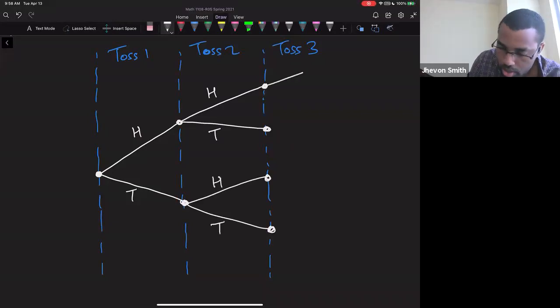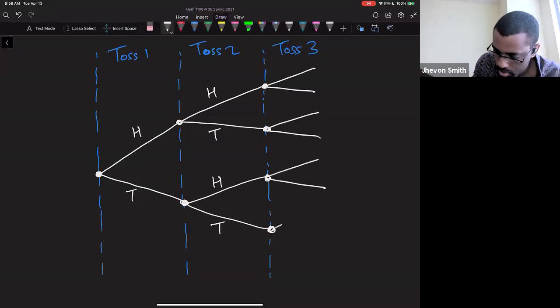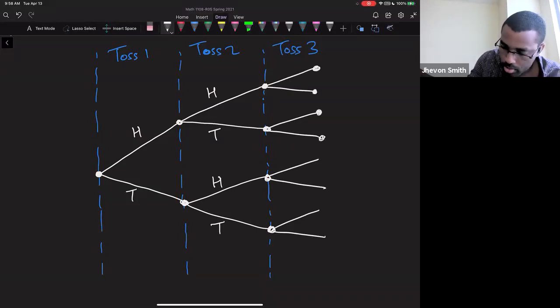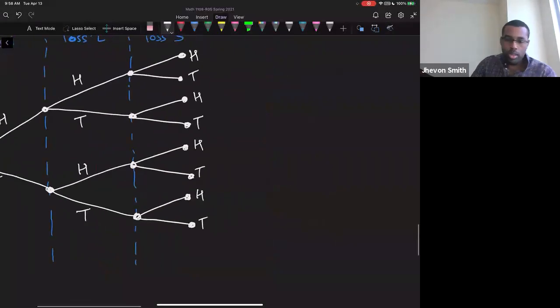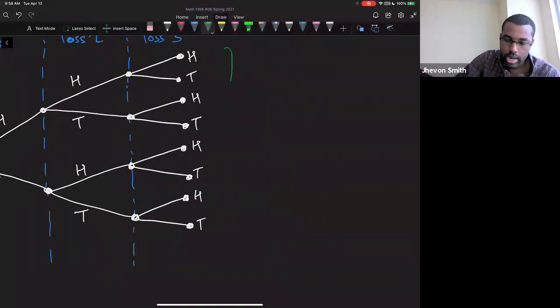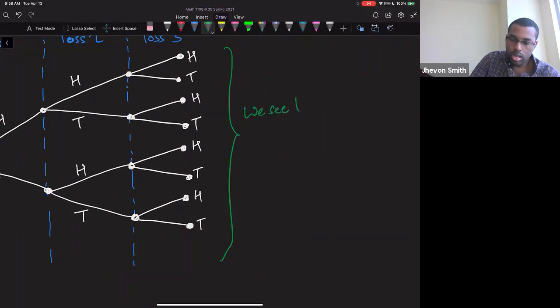And in the third situation, you can again go heads or tails. This is H, T, H, T, H, T, H, T. You'll notice that there are 8 possibilities.